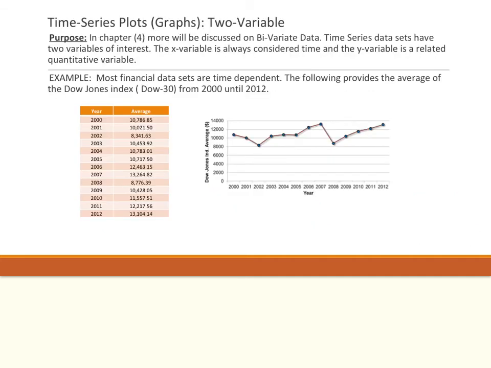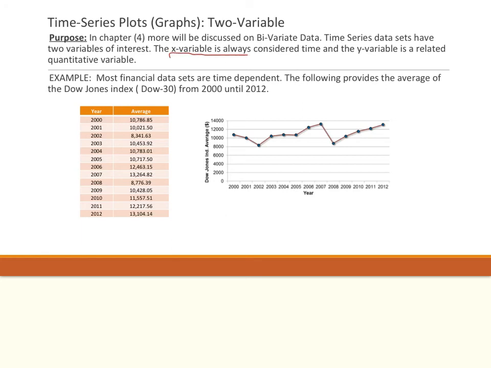Our final graph in this section is time series plots. These are two quantitative variables that are being graphed. We call it bivariate data, and we'll discuss more of this topic in Chapter 4. Time series data are interesting because the x variable is always time.